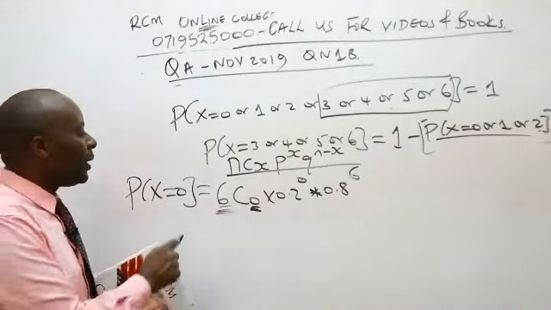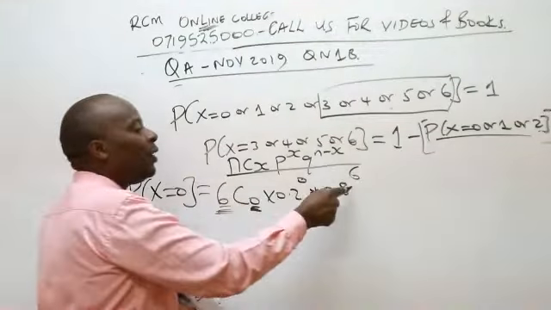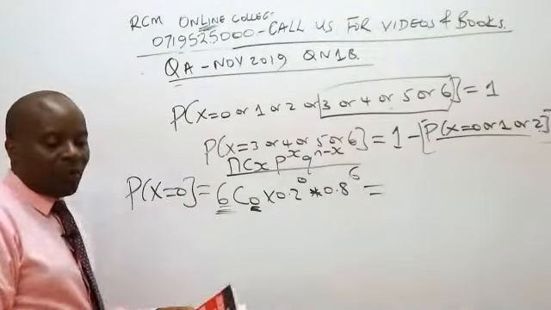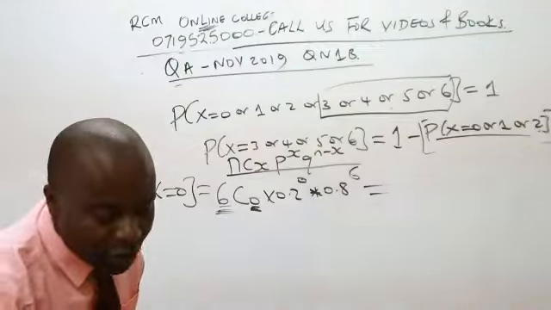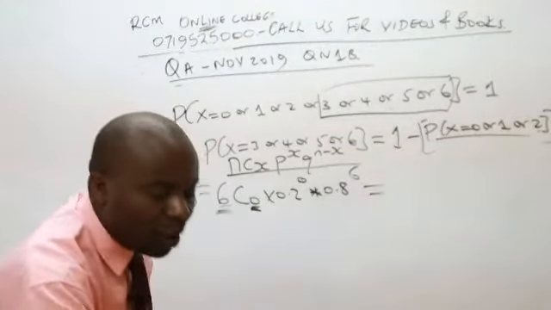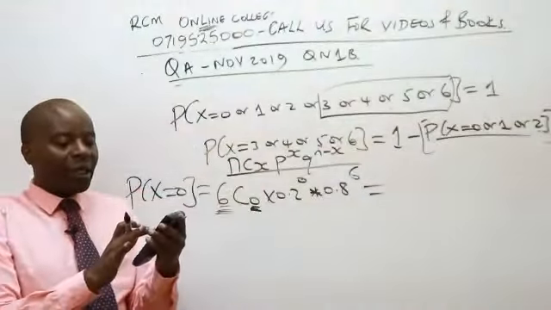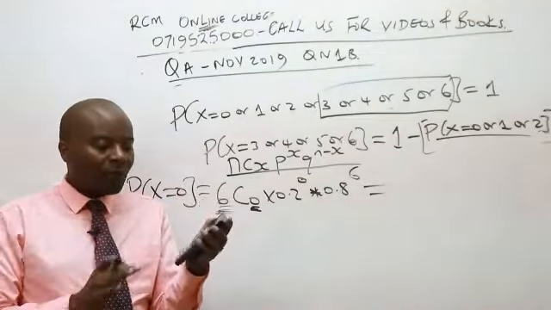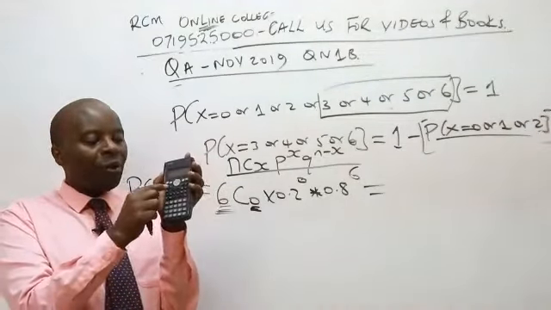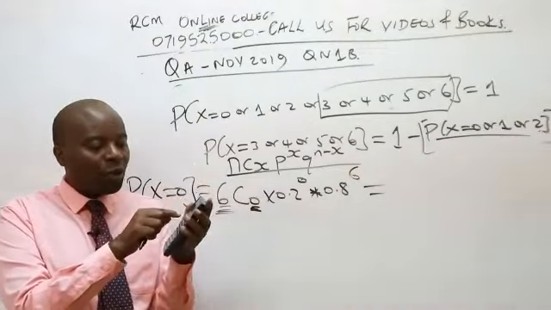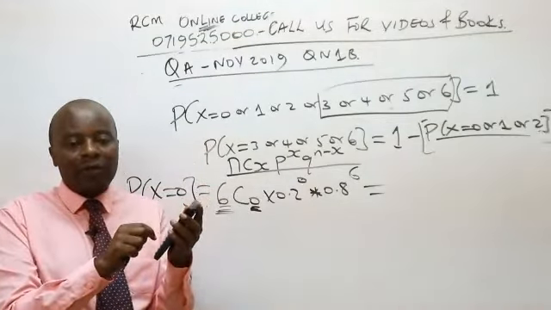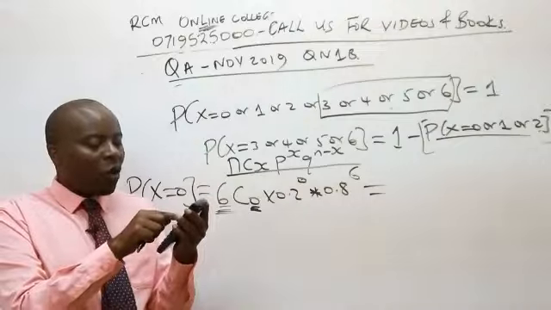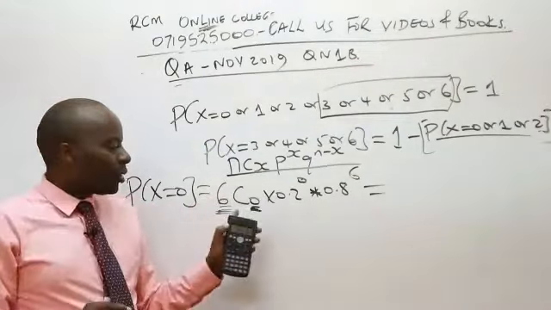So then, ladies and gentlemen, the moment I have this, I will very easily give you these 6 combinations 0. What are 6 combinations 0? In my calculator, I'll press 6. I hope you are able to see the combinations just close to shift, just underneath alpha. So I'll say 6 combinations 0, this one here.